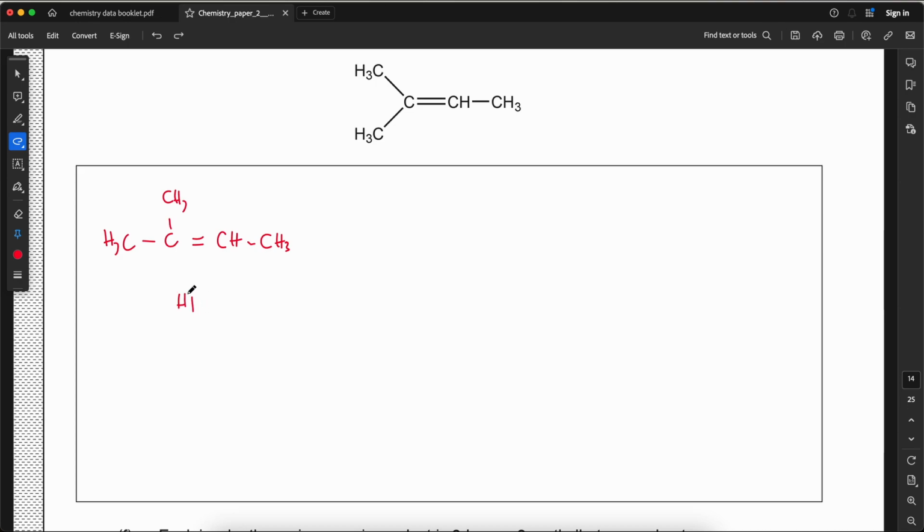Okay, let me just fix it. HBr, and it will form a carbocation, CH3, CH and C and CH3. So Br minus will go here, and it will produce addition product.